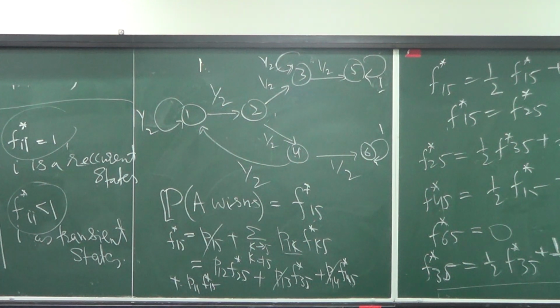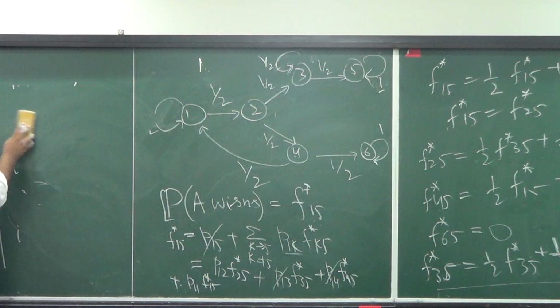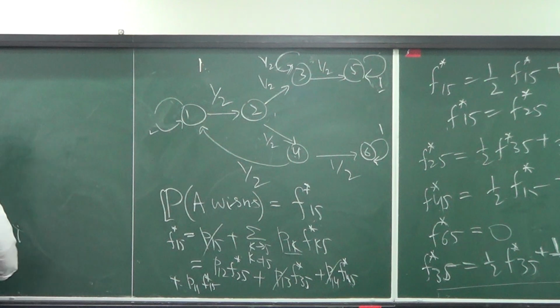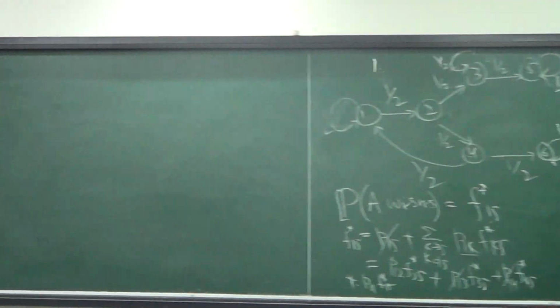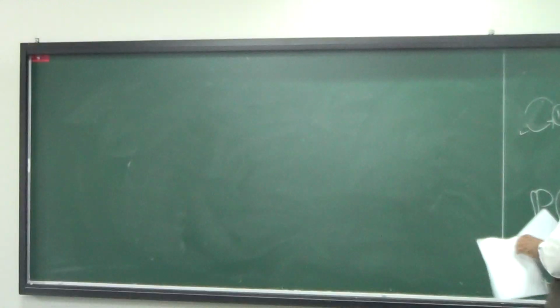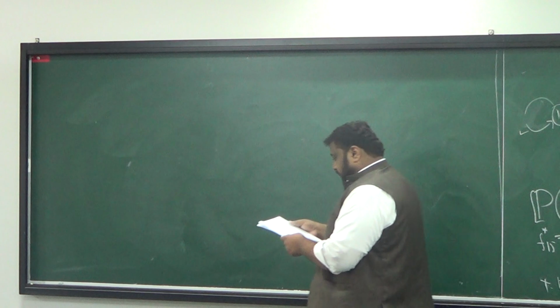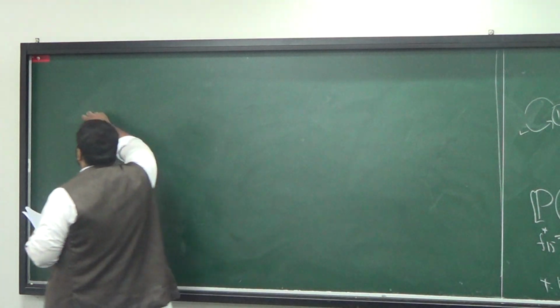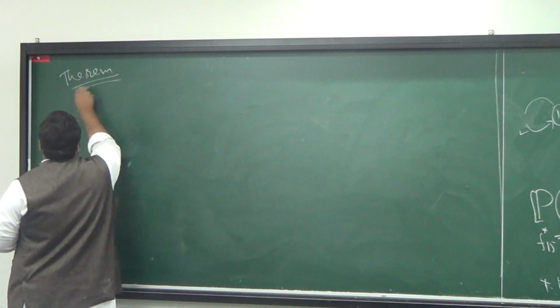Hence, these first passage probabilities allow you to classify the chain in another manner, which is which of the states are transient and which of the states are recurrent. It's a very interesting result. I'll just talk about its consequences.